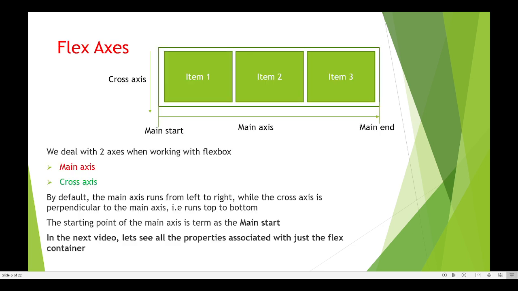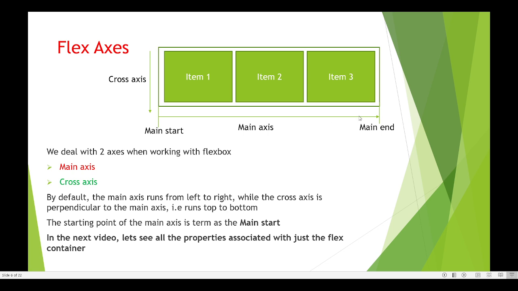Okay, so when we look at the axis, you also need to understand the axis in this box. We have the horizontal axis and we have the vertical axis. The horizontal axis is what we call the main axis, while the vertical axis we call the cross axis. Okay, by default we run from left to right, which is the main axis.